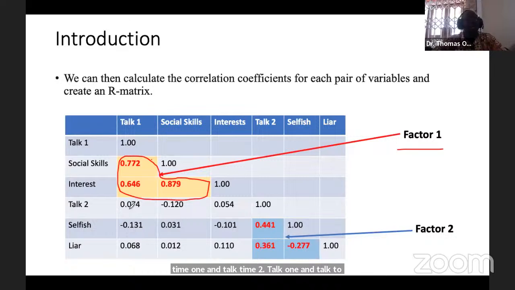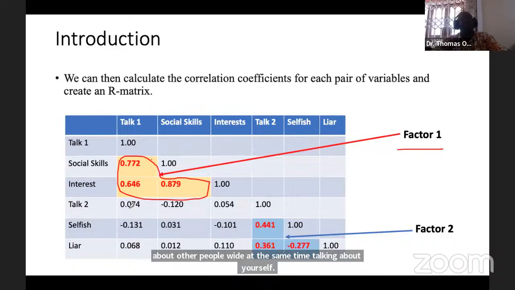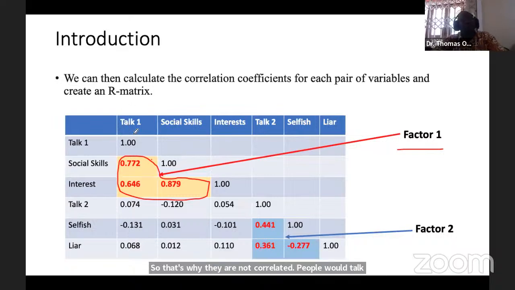That means you cannot talk more about other people while at the same time talking about yourself, so they're not correlated. People who talk more about others tend to be less selfish, although it's not very high. But now if we come here, we see another thing taking place on this side.